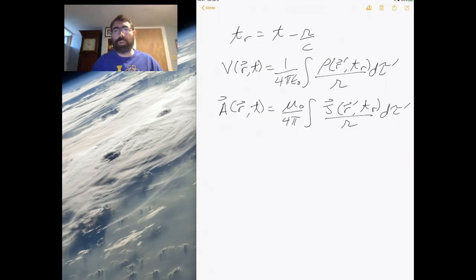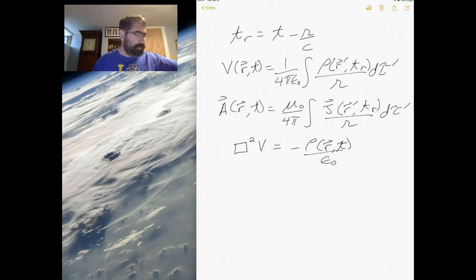And what I found, at least working out the case for the electric potential, is that if I take the second derivative, the D'Alembert of V just works out to be minus the charge distribution as it is now divided by epsilon naught. So I get the same equation back. Starting with a distribution in the past, I integrate over all space, and then I get this wave equation for what it looks like currently.